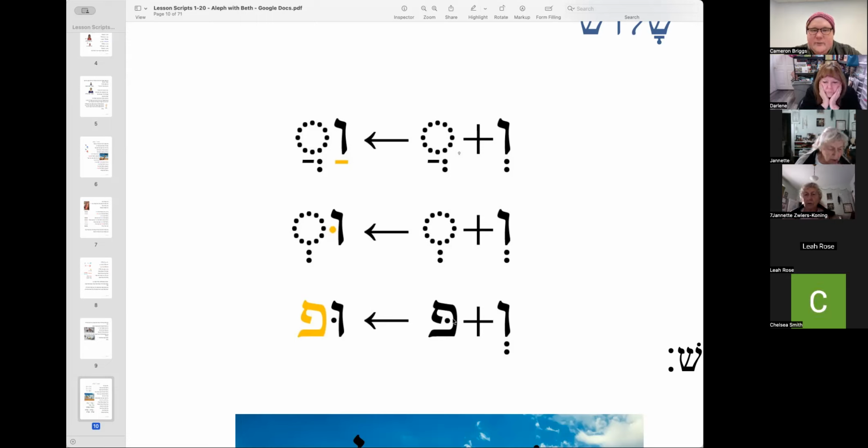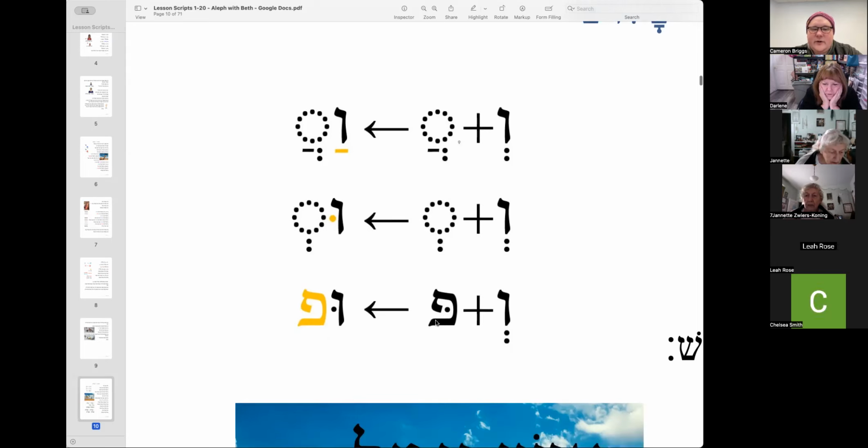Likewise, down here, when we've got a word that starts with any of the six begadkefat letters, the vav drops its shva and it takes the dagesh. So instead of ve, it would be oo.